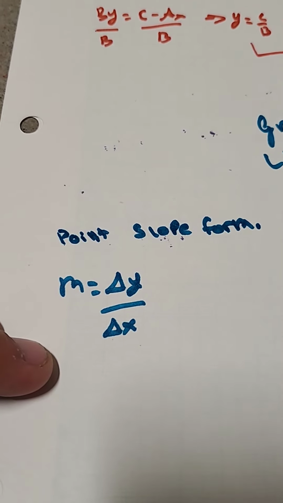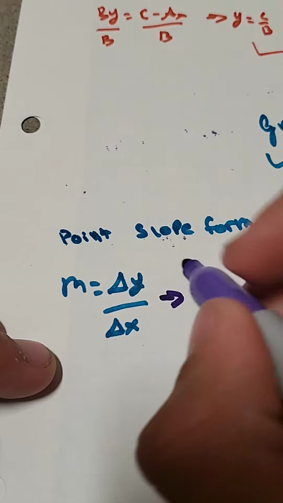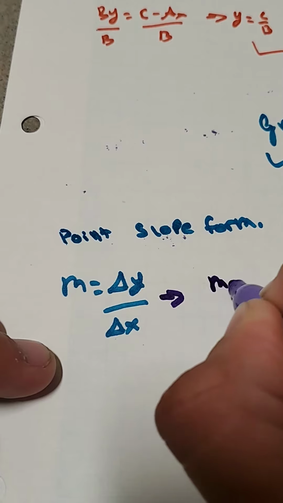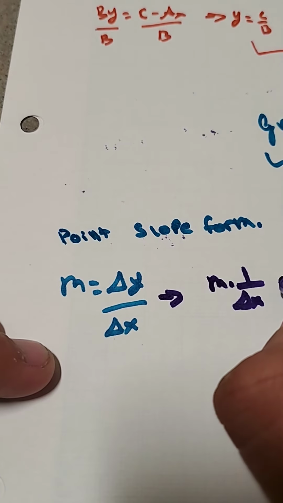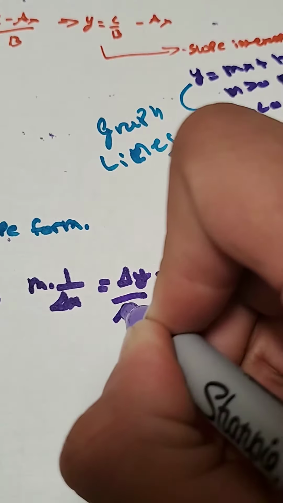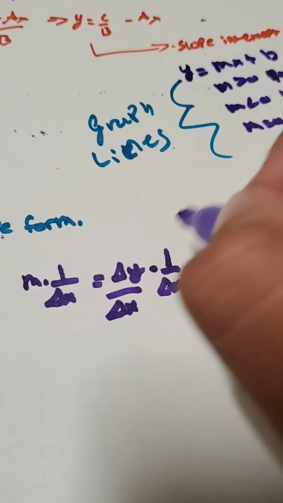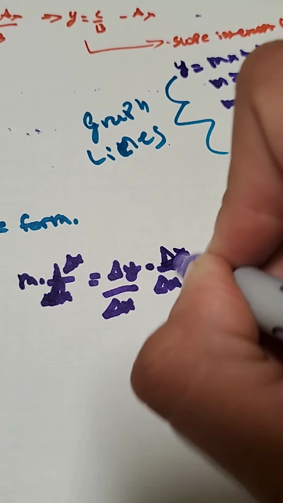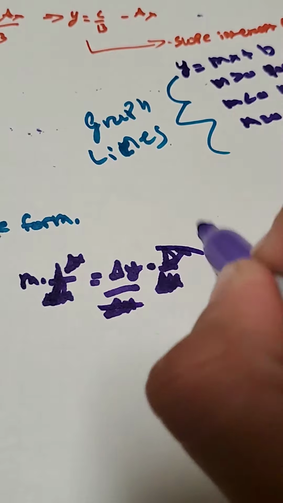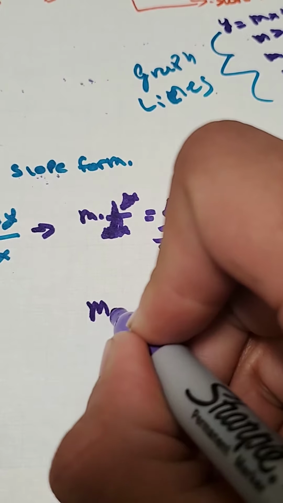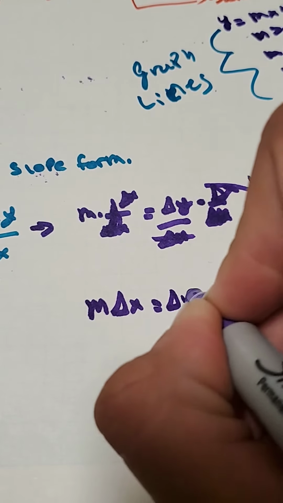This can be rewritten: if we multiply by delta x, the delta x cancels and becomes 1. That leaves us with m times delta x is equal to delta y.